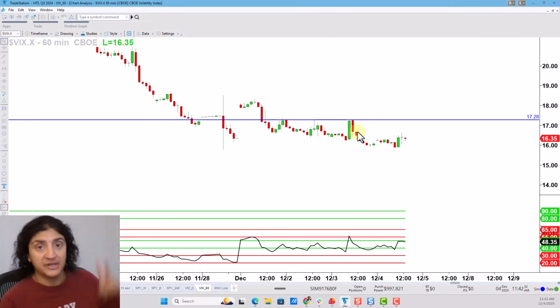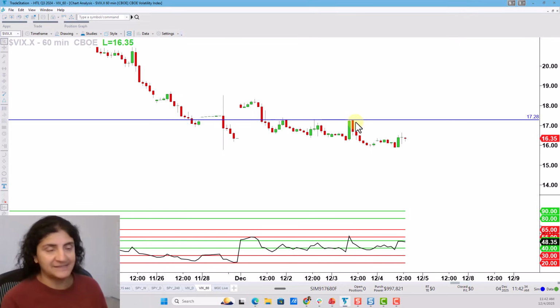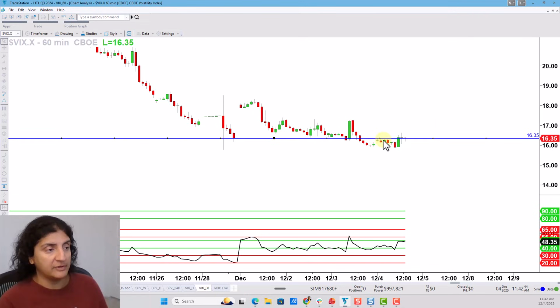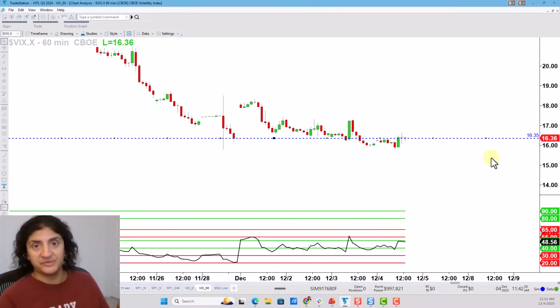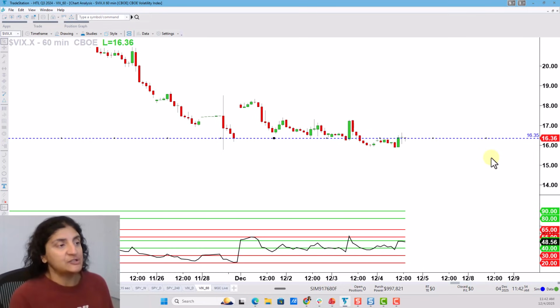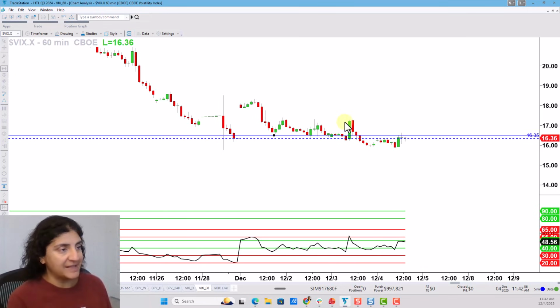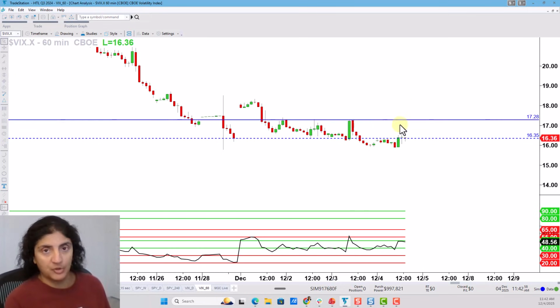And here there is "resistance" at 17.28, meaning if the VIX is really going to take off, I want to see it get above that level. And it looks like it might because it already got above this first resistance, okay? Here at 16.35. Oops, I forgot my air quotes. First resistance at 16.35. So I think there's a decent chance that at least today things go a little weak.